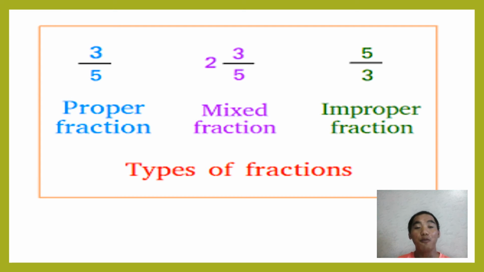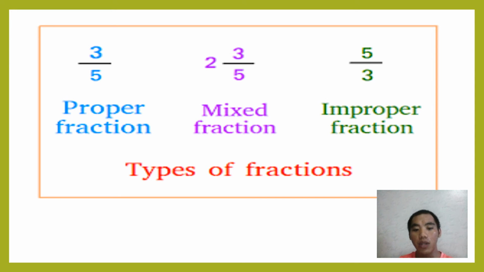An example of proper fraction there is 3/4. Why 3/4? Because the numerator is smaller than the denominator. Next is 2 3/5. Okay, why is it that 2 3/5 is a mixed fraction or mixed number? Because it consists of one whole number and a proper fraction.